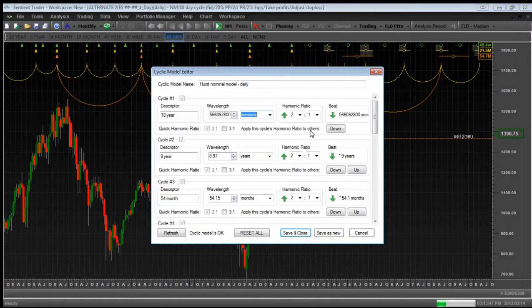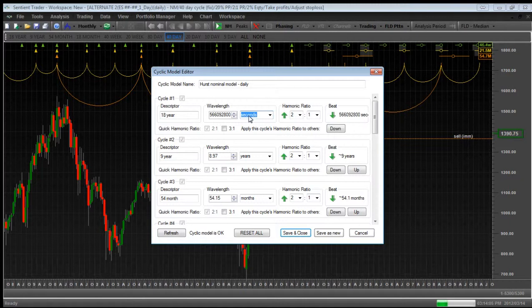As a matter of interest, Sentient Trader actually uses the seconds value for a cycle wavelength. So you can see the number of seconds here on the 18-year cycle is 566 million seconds. Sentient Trader actually uses the seconds when it's performing its analysis.